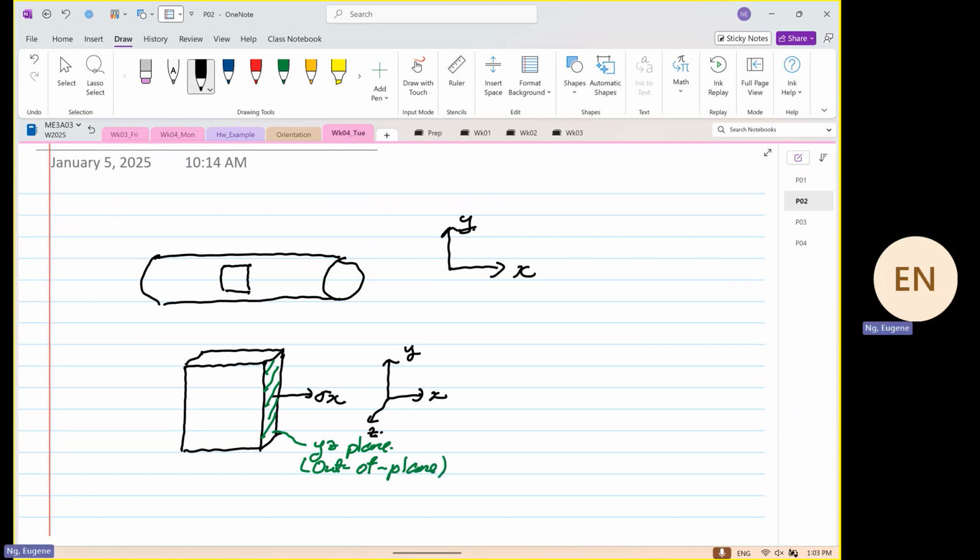If we were to induce a stress in the Y direction, again, fracture will occur on this surface. And this surface is known as your XZ plane. And this surface is also our out of plane.